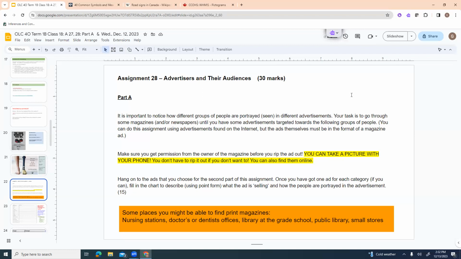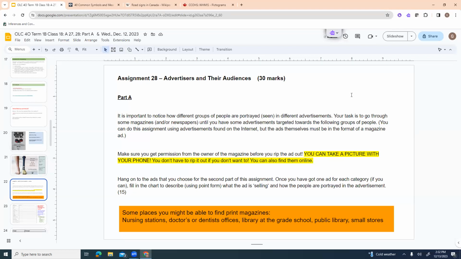You can also, as I said, find them online. Now, any of these ads that you use, hang on to them because you're going to need them for part B. Okay. Once you've got an ad for each category of person, if you can, fill in the chart to describe using point form what the ad is selling and how the people are portrayed in the advertisement.